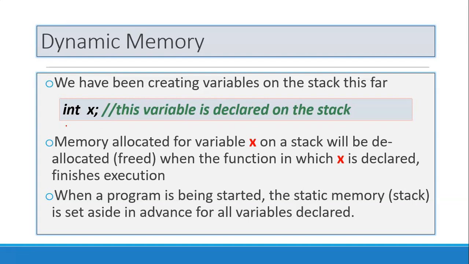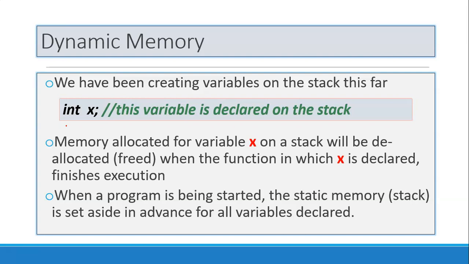We've been working with static memory from the beginning of our programming journey in first year when we were introduced to variables, all the way up to the previous video where we were working with pointers, functions, etc. The pointers that we've been creating have been created on the stack memory.